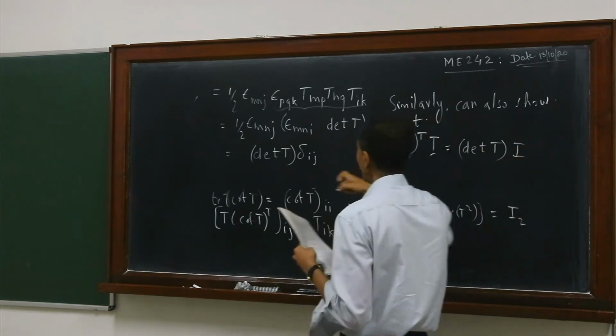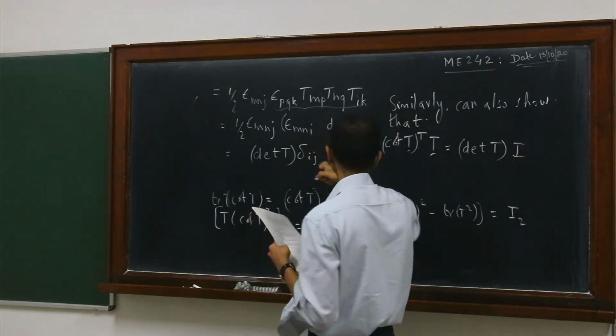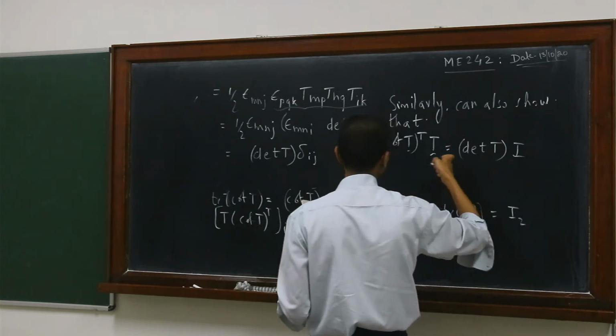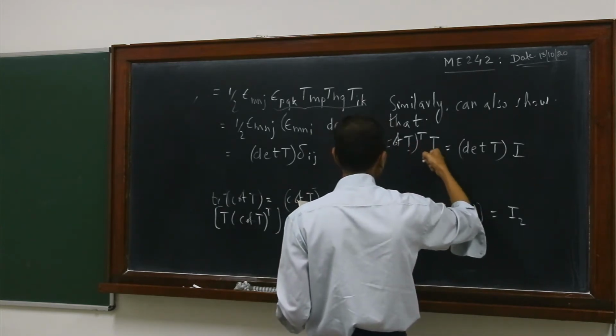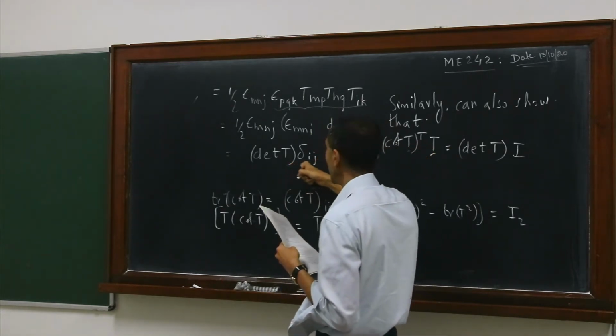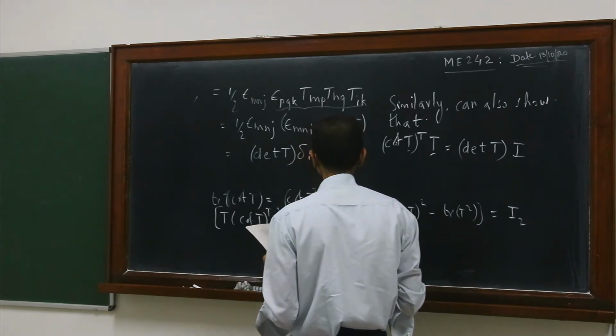Okay, so this delta algebra means these are the components of the identity tensor. So here you will get that cofactor T transpose T is the same object, that is determinant T times the identity tensor.